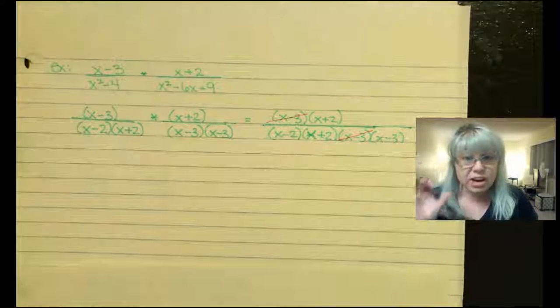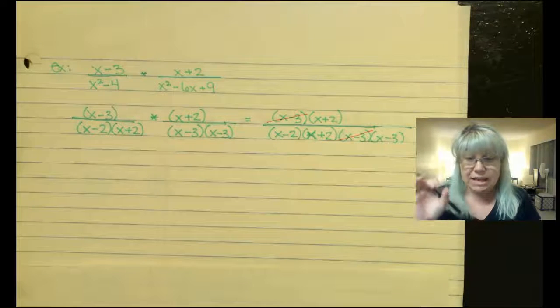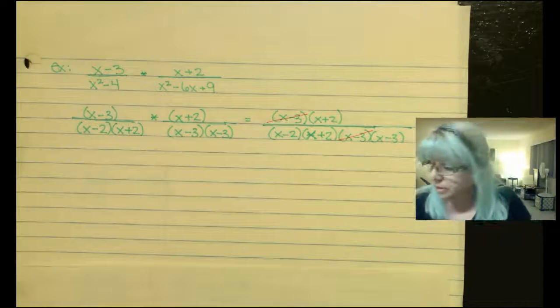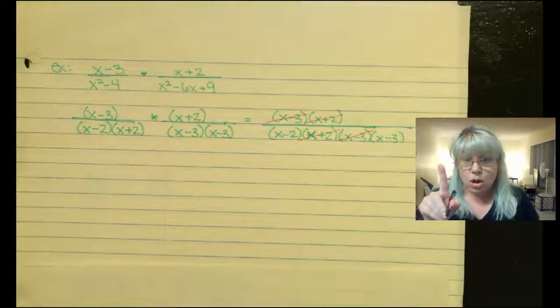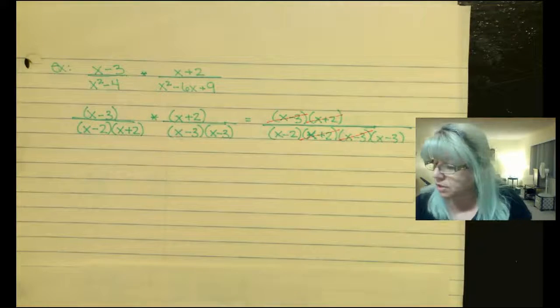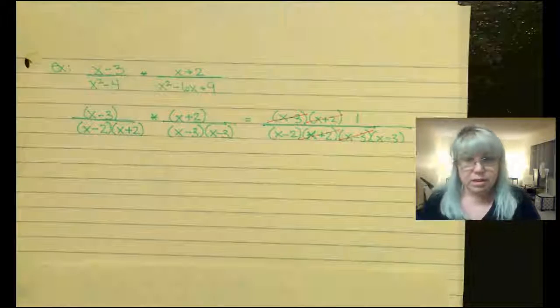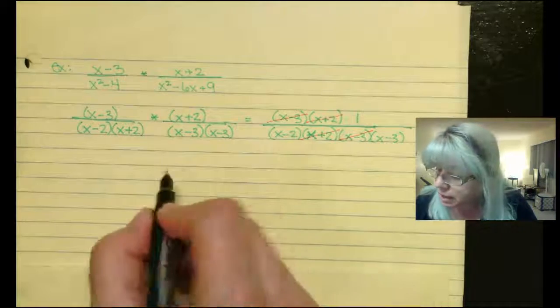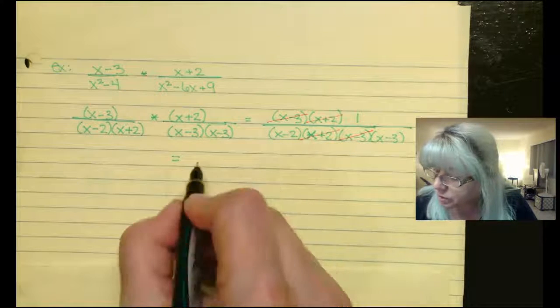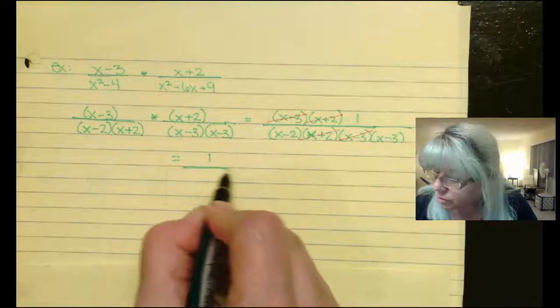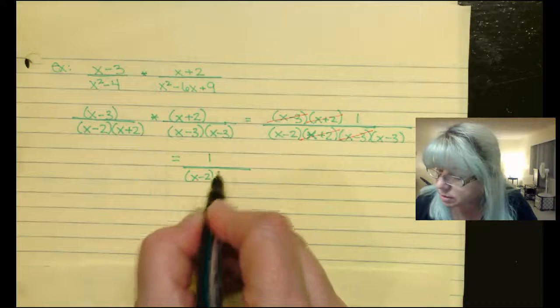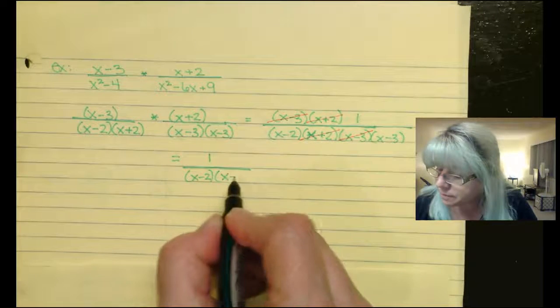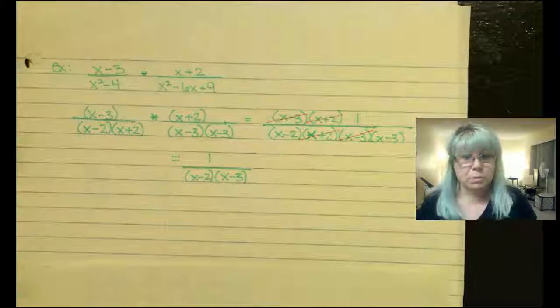So the whole entire x minus 3 over x minus 3 is 1. X plus 2 over x plus 2 is 1. The only thing left on top is a 1. Therefore, 1 over x minus 2, x minus 3. That would be our solution.